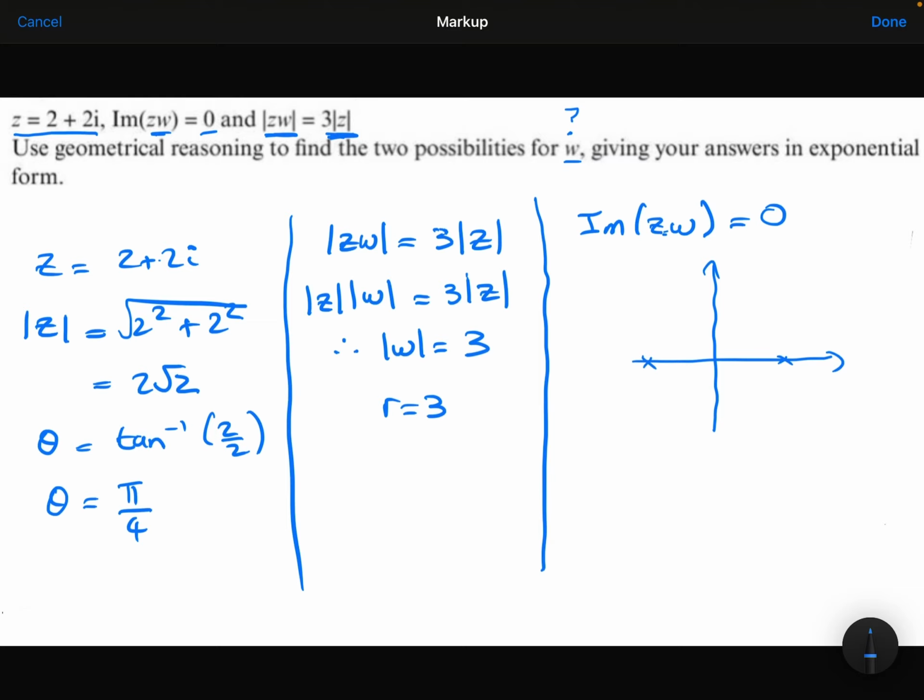Which means that the argument of zw would have to either equal 0 if it was here, or pi if it was over here.